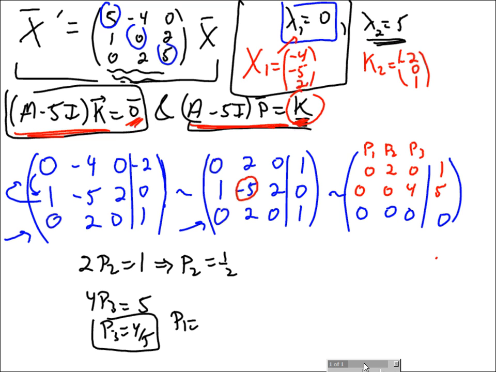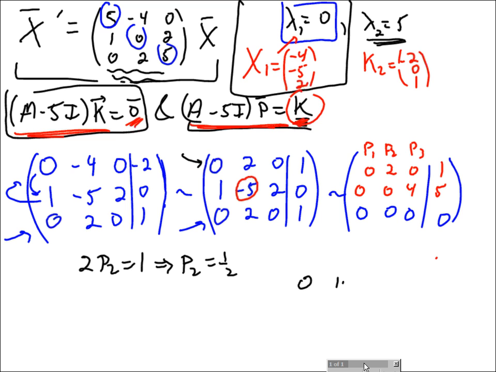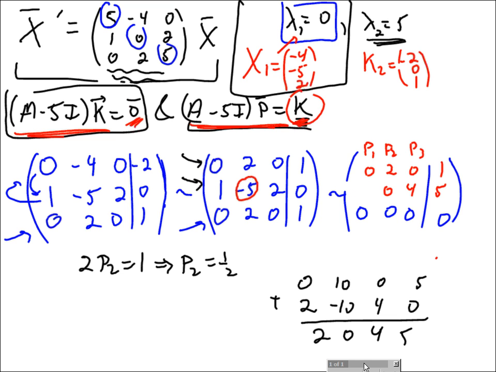Now, I'm concerned about that statement. Let's not rush into this. If I multiply this row by 5, I get 0, 10, 0, 5. If I multiply this row by 2, I get this. And when I add, I get 2, 0, 4, 5. So that 0 should be a 2. Sorry, folks.